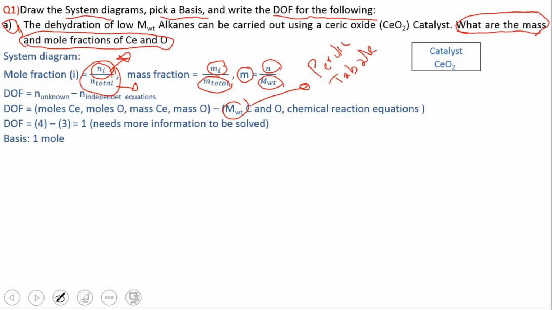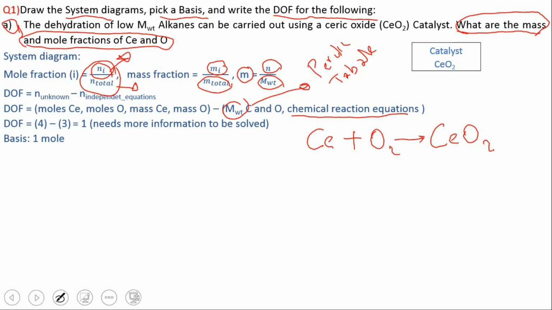And we can find the chemical reaction. If we find the chemical reaction, we can know the moles. The chemical reaction goes as Ce plus O2 gives CeO2. This information is from your background in general chemistry, which is a prerequisite to this course.